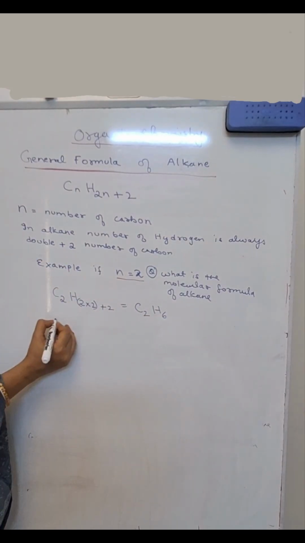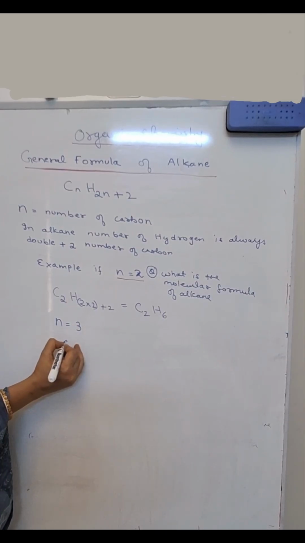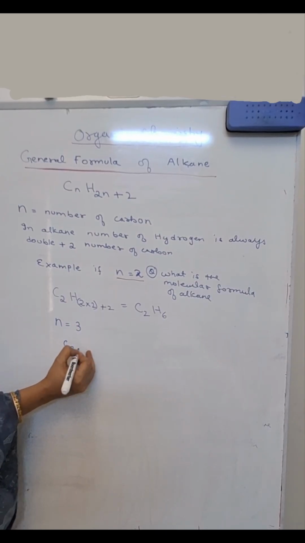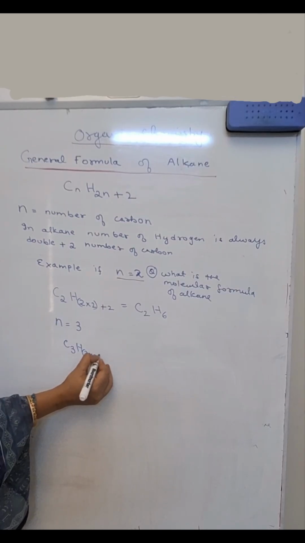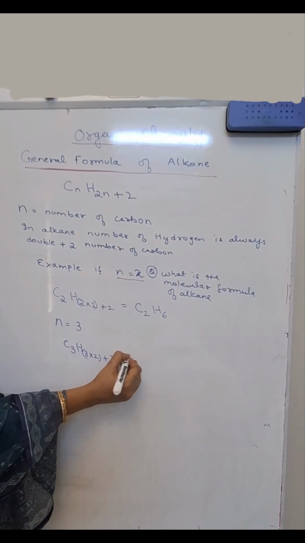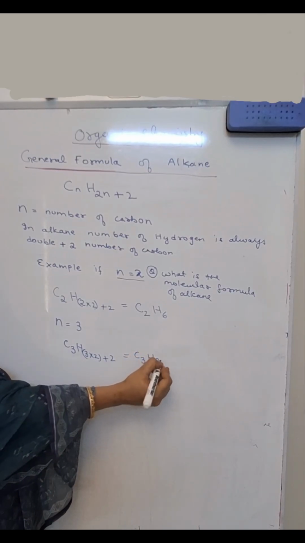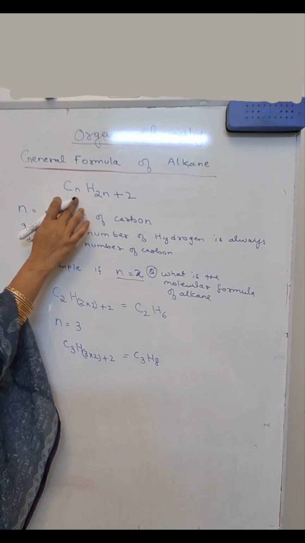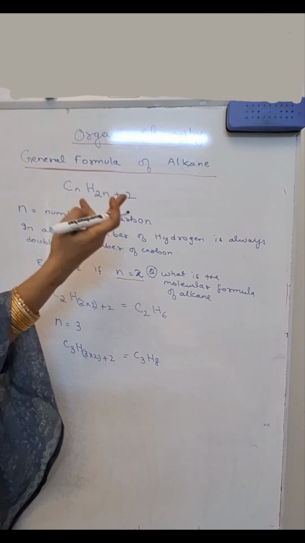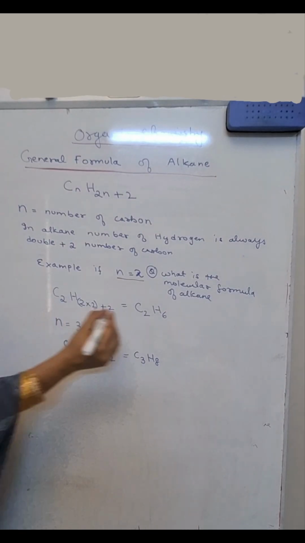One more example, n is equal to 3. So carbon is 3, hydrogen is 3 into 2 plus 2, so that is equal to C3H8. Okay, so what I said is how the general formula is helping us to identify the alkane, because the general formula is giving us the molecular formula.